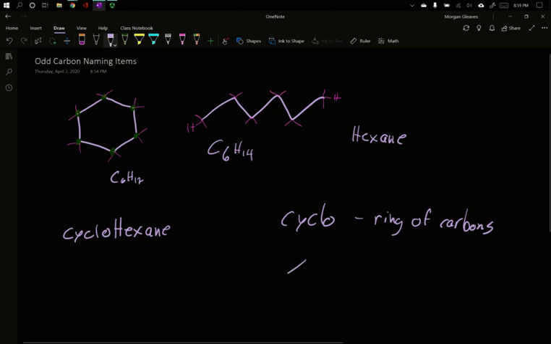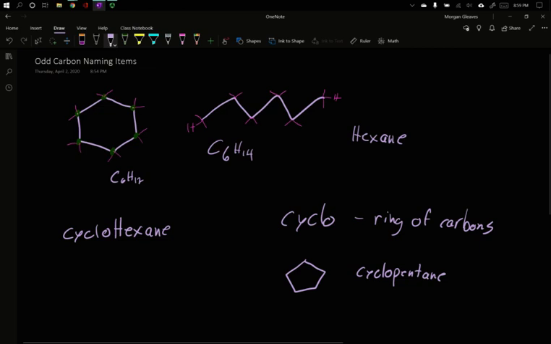If I've got 5 carbons in a ring, well, that is a pent for 5. It's a pentane. They're all single bonds between the carbons. It is a cyclopentane. And so you have cyclohexanes, cyclopentanes, cyclobutanes, cyclopropanes.